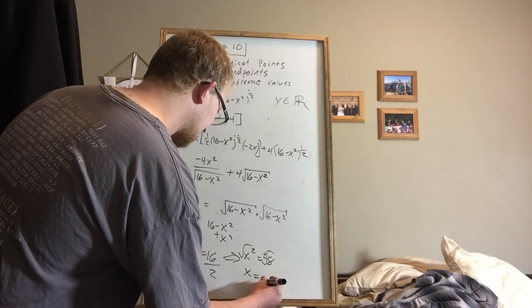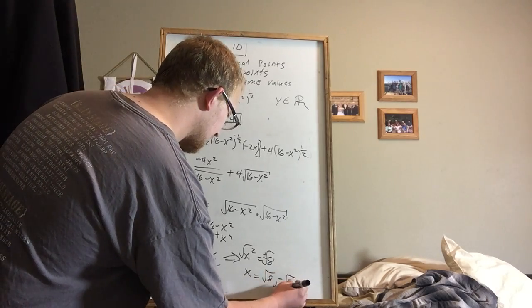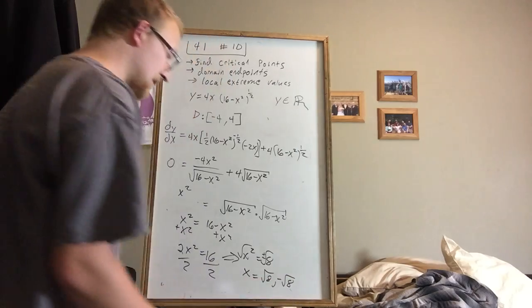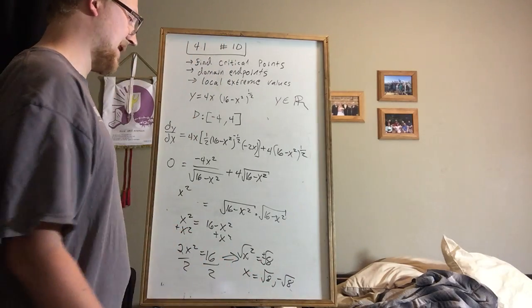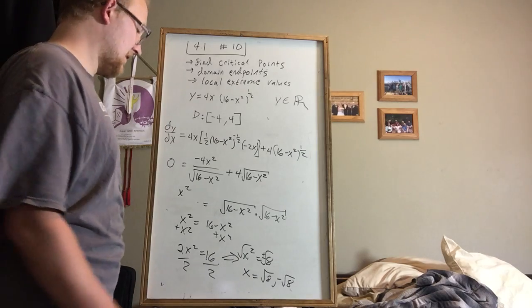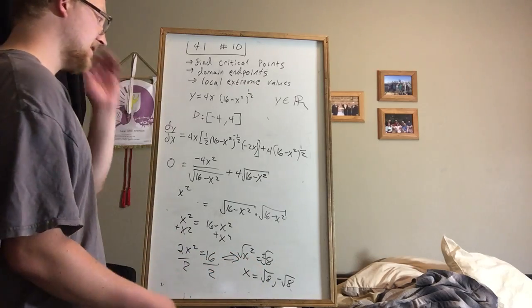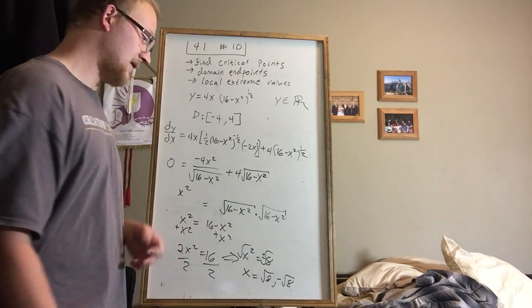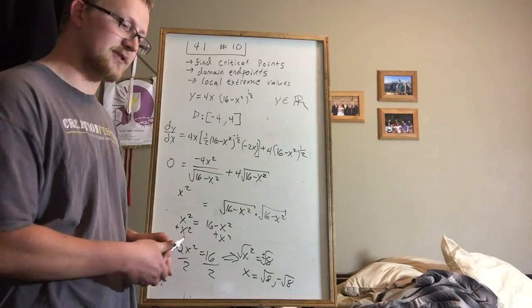One of them is x equals the square root of 8, and the other one is the minus square root of 8. So these are our two x values for our minima and maxima. Another important thing to look at here is, so these are local minima and maxima. We don't know which one it is yet. There's several ways to solve for that. I'm going to do it by plugging in the values.